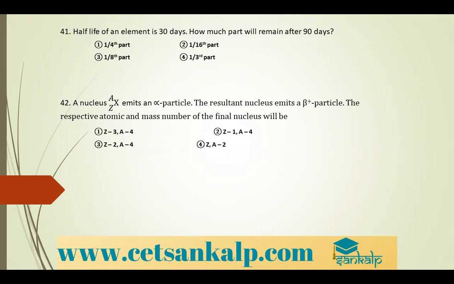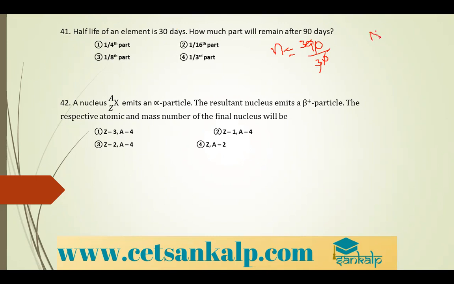You have the formula for number of half-lives, note this. n is equal to 90 divided by 30, so n is equal to 3.